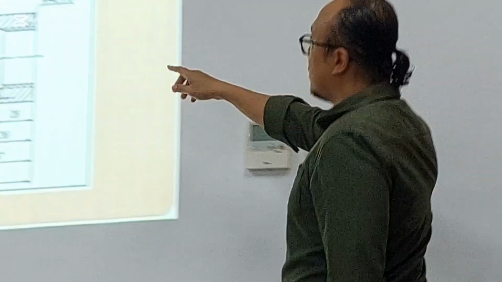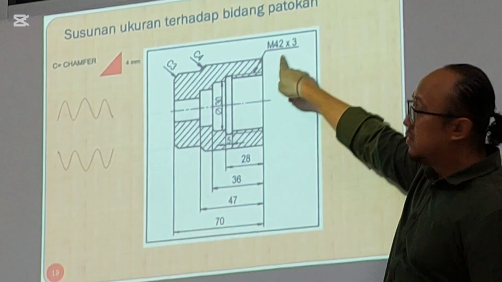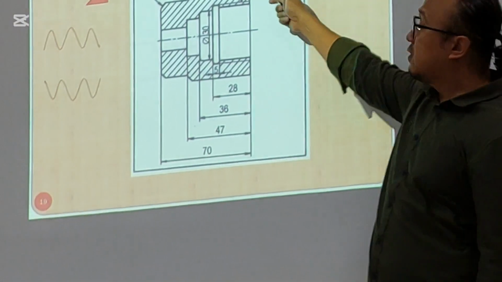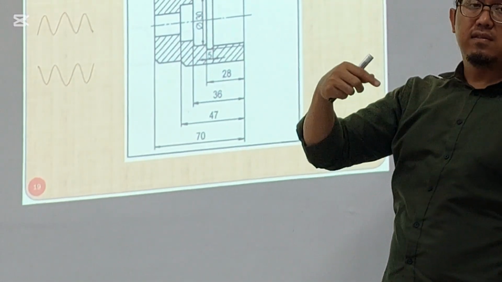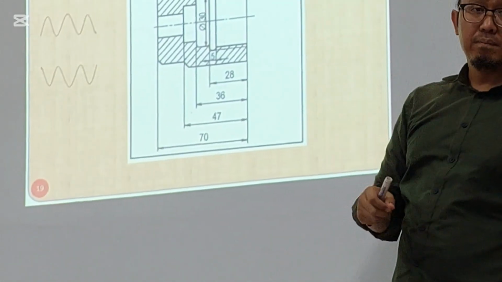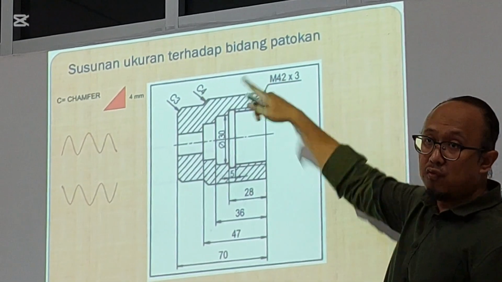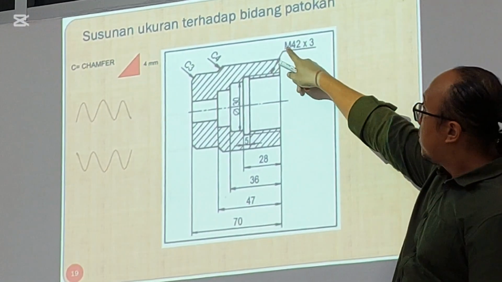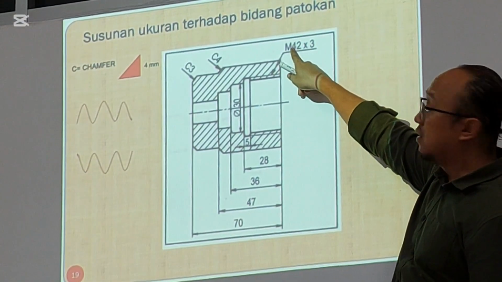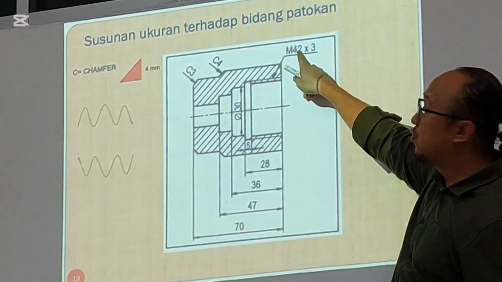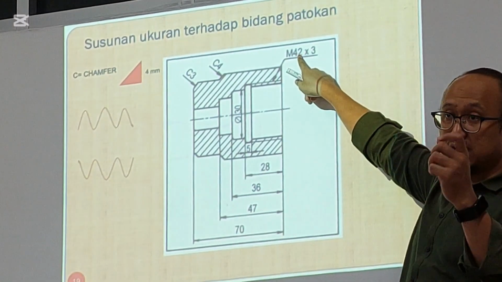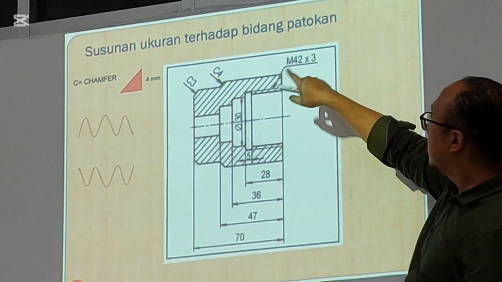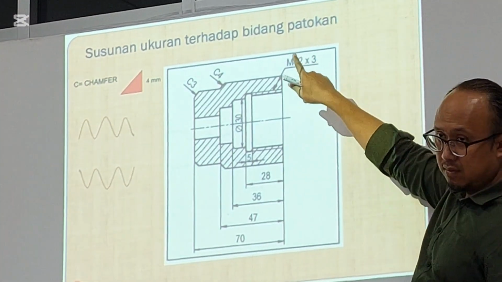So if you find this symbol M, it means that the threading type is metric threading. So M42 is the size of the threading. It means this is metric, and the diameter of the threading is 42 millimeters, because metric uses the millimeter unit, and multiplied by 3.